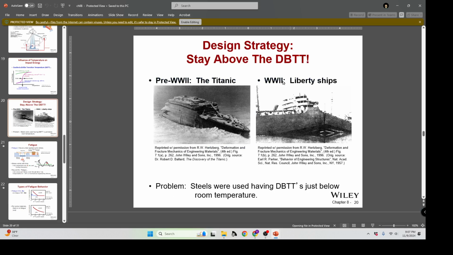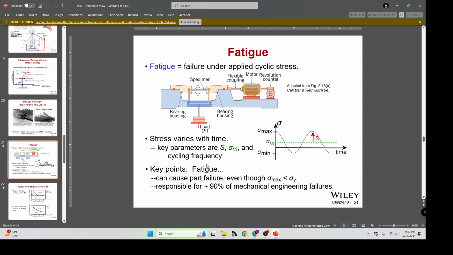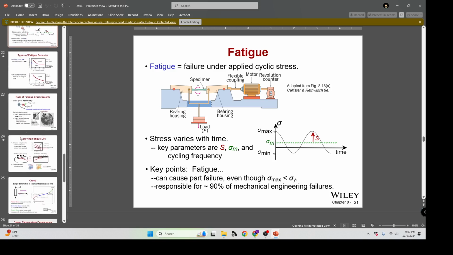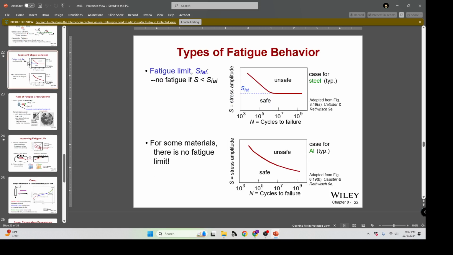But steel can be severely compromised, and this is why ships often end up sinking, is because of the behavior changes below that ductile transition temperature, which is different depending on the grade of the steel. So there's also fatigue, which happens when there's cyclic loading on the material, and there's an unsafe region and a safe region.